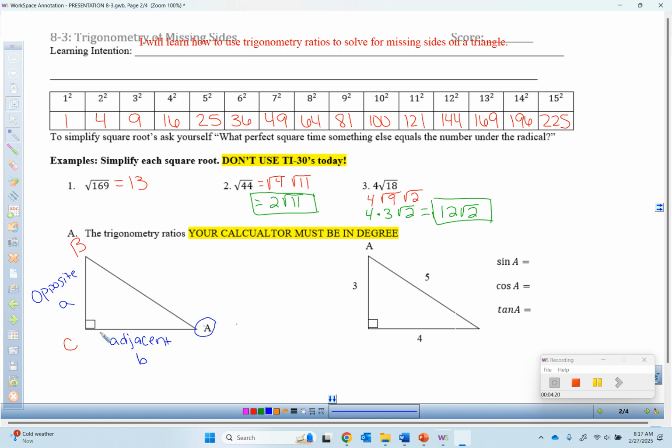And then my hypotenuse is always the longest one, or across from the right angle. So that's going to be my little c. And notice it is opposite. Okay? And then we're going to talk about something that's called theta. And this is my missing angle, or the angle I'm looking for.